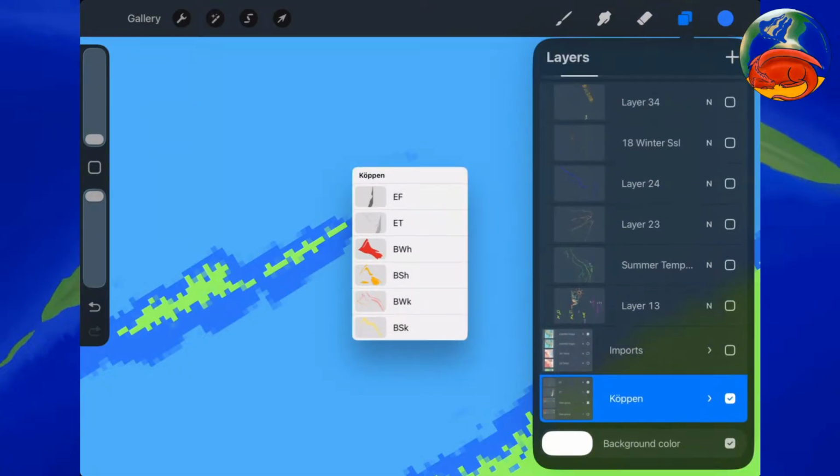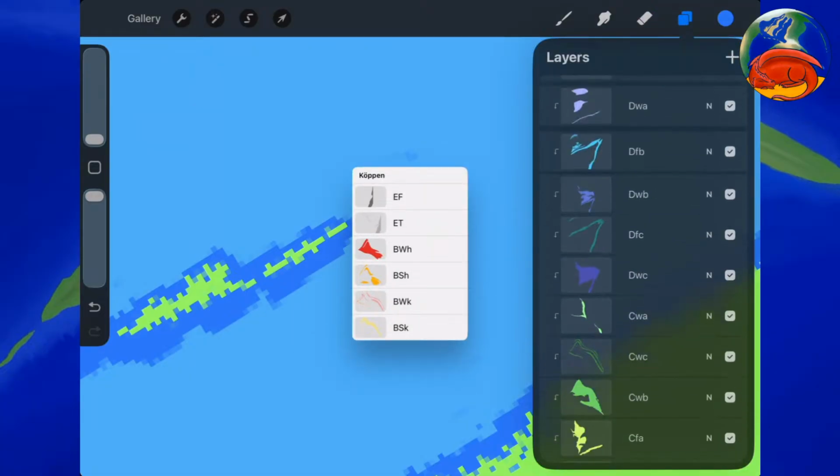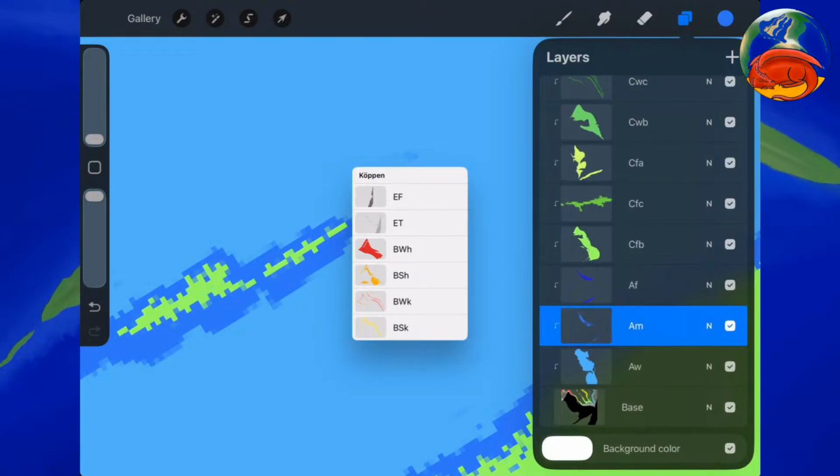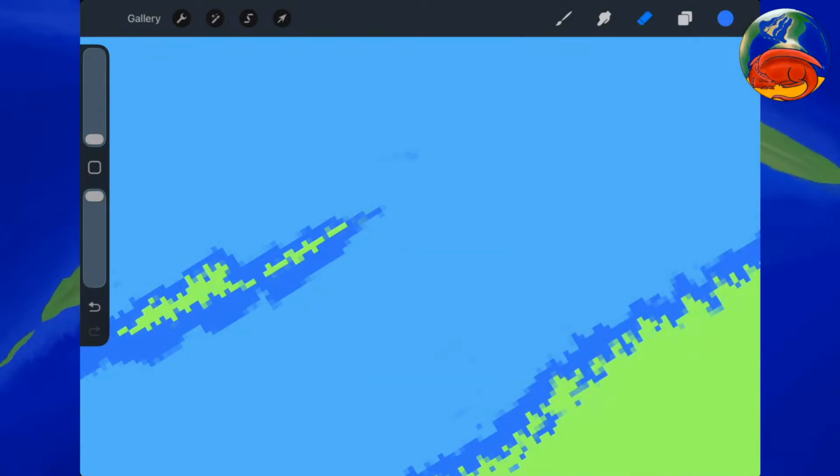Oh, come on. Okay. Having everything on separate layers works really well when you're only working with a few layers.